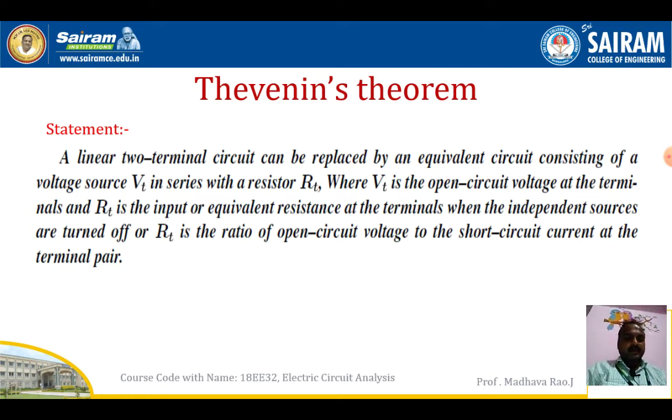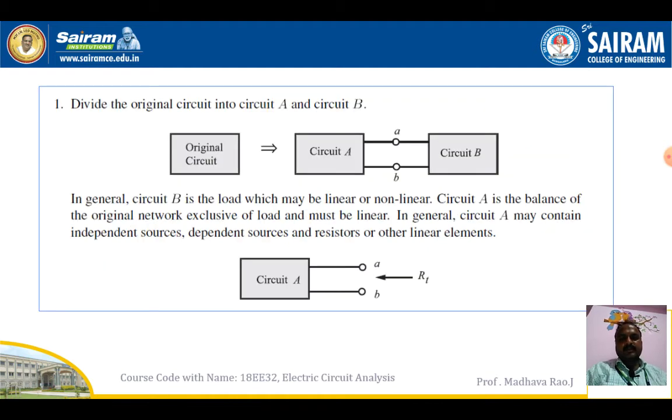Now we will see the explanation of Thevenin's theorem. Divide the original circuit into circuit A and circuit B. You can see in the diagrams how we divide the original circuit into two circuits. In general, circuit B is the load resistor or load connected.